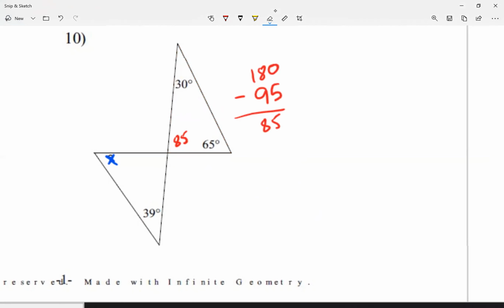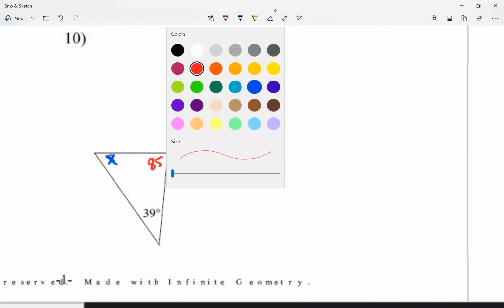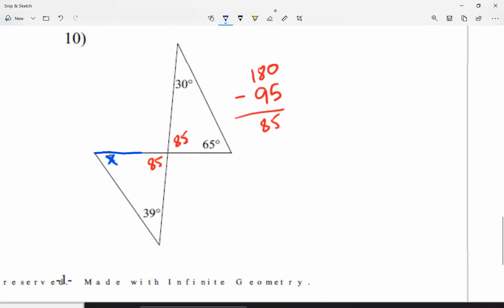Remember, the three angles of a triangle must add up to 180. I know this other angle right here, it is 85. Vertical angle theorem. When there's an X, opposite angles are equal. Now, let me take a look at the triangle where X is. In order for me to be able to solve for X, I must know two of my angles, and I do, 85 and 39.